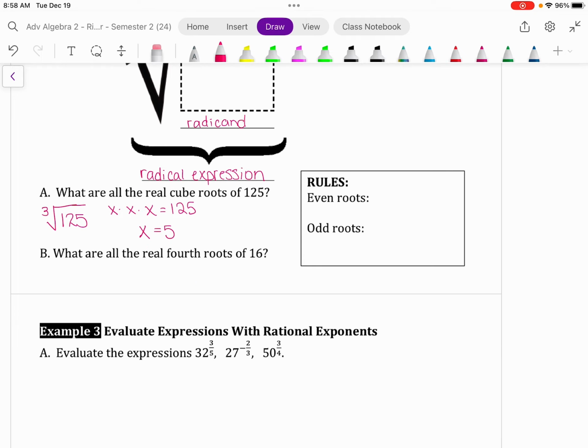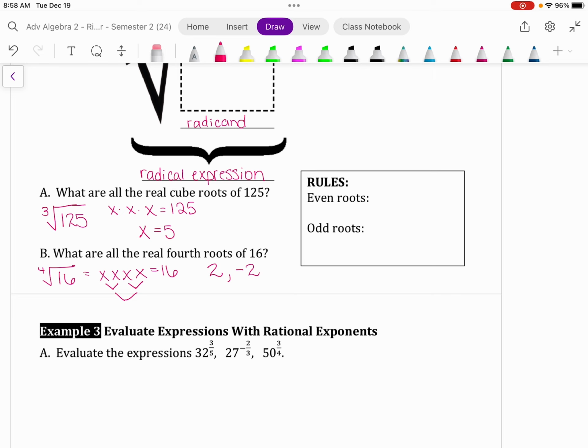However, when we ask what is the fourth root of 16, we get that it could be 2, because 2 times 2 times 2 times 2 is 16. We also get that it could be negative 2, because a negative times a negative is positive, and then a positive times a positive is positive.